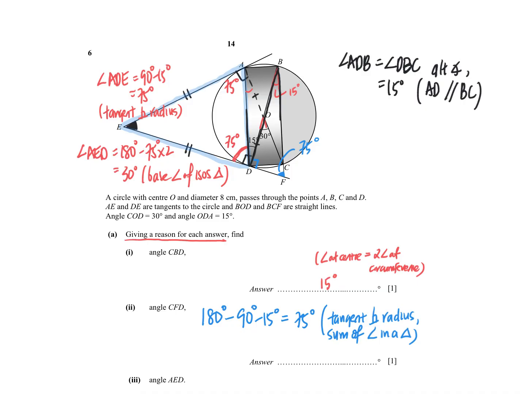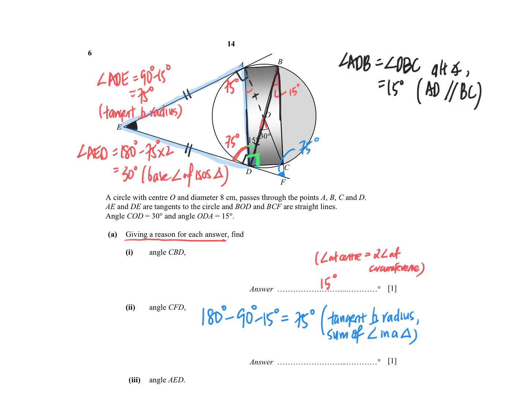So I have learned that there must be one parallel line there. Next thing I can prove is this one must be 90 degrees. So how can I prove that angle ADC is 90? I know part of it is 15 already. How can I find the other part?